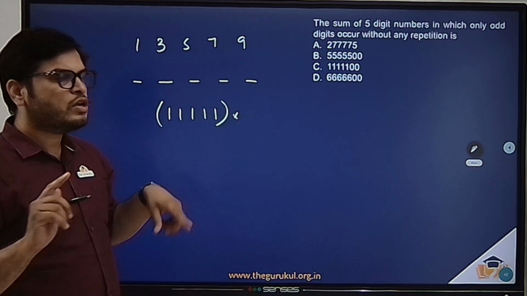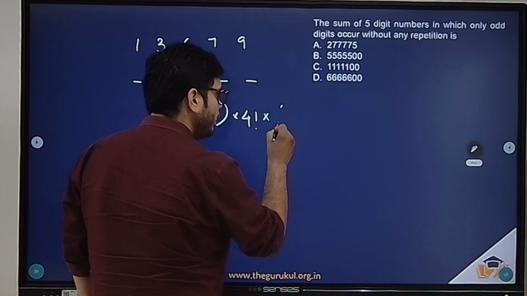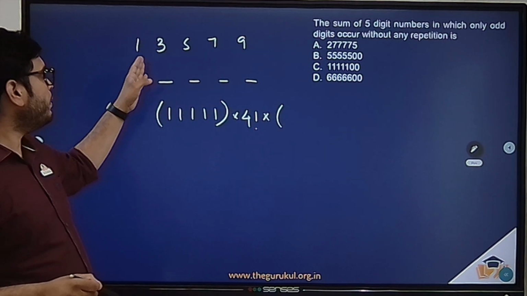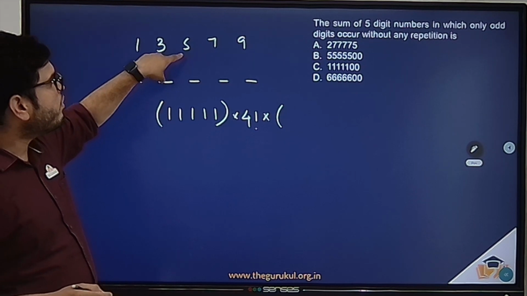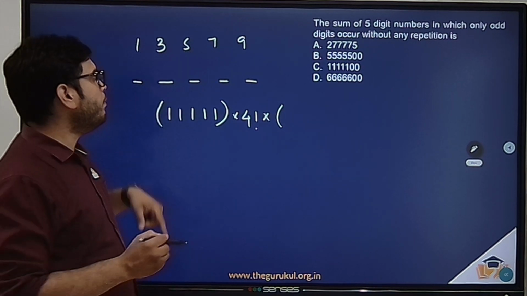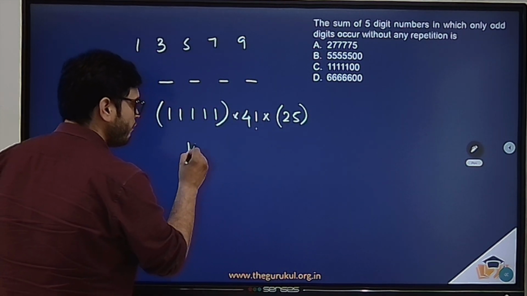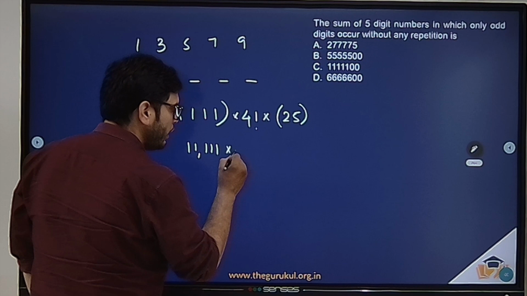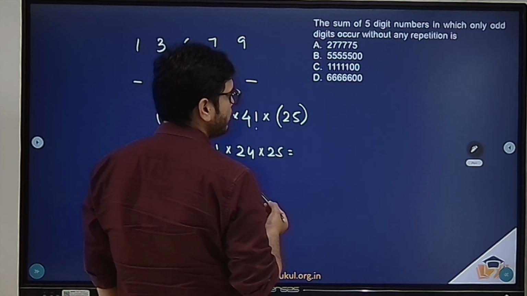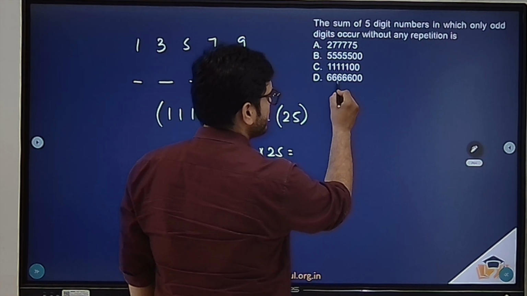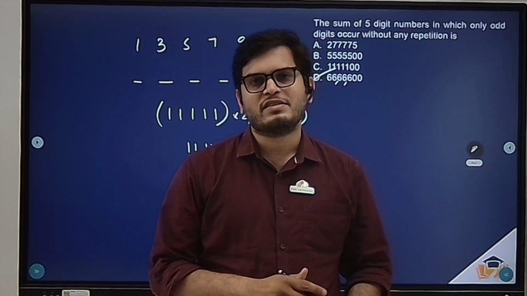We have 5 digits, so we multiply with 4 factorial, into the sum of all the digits: 1 plus 3 plus 5 plus 7 plus 9. 1 plus 3 is 4, plus 5 is 9, plus 9 is 18, plus 7 is 25. So this is 11,111 into 24 into 25, which is 66,66,600. Option D should be the answer for this question.